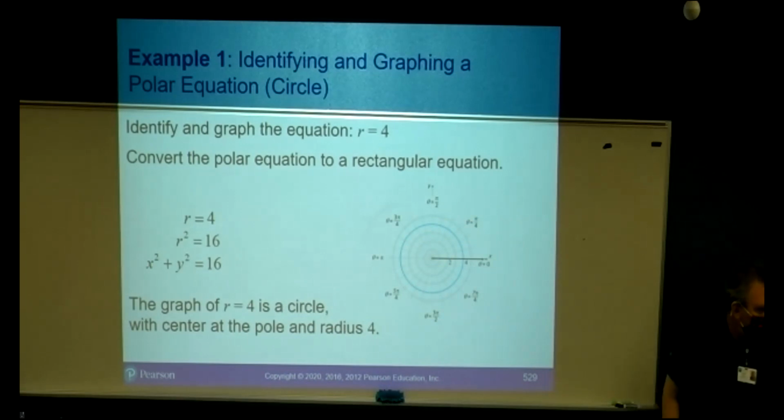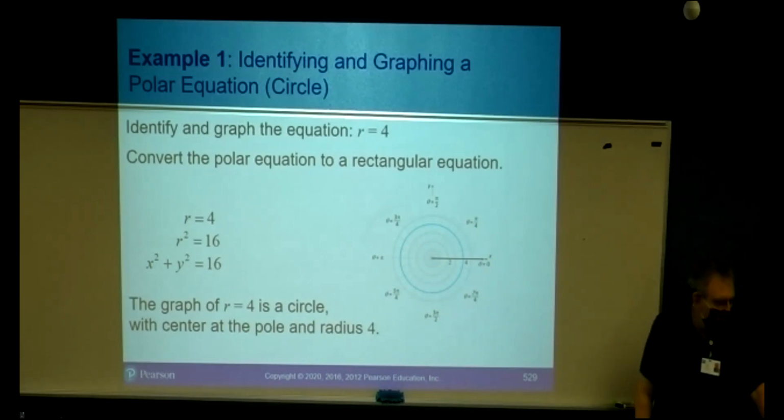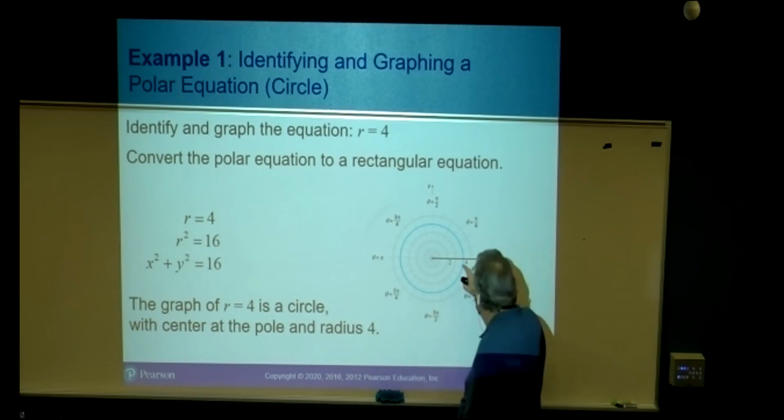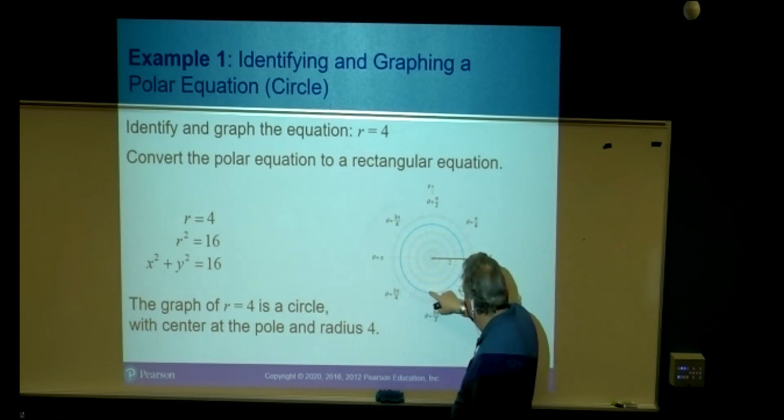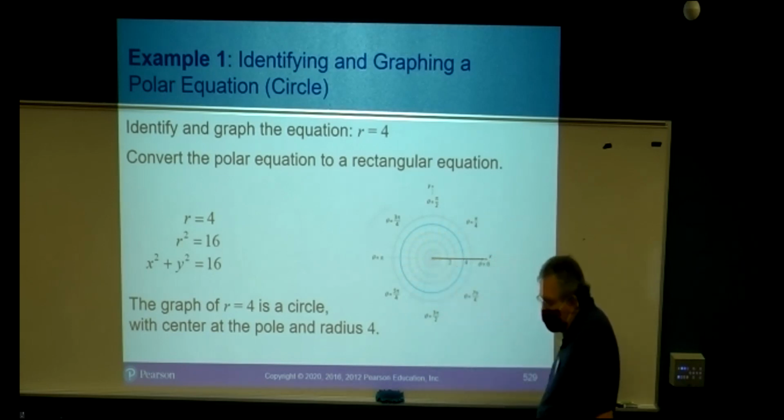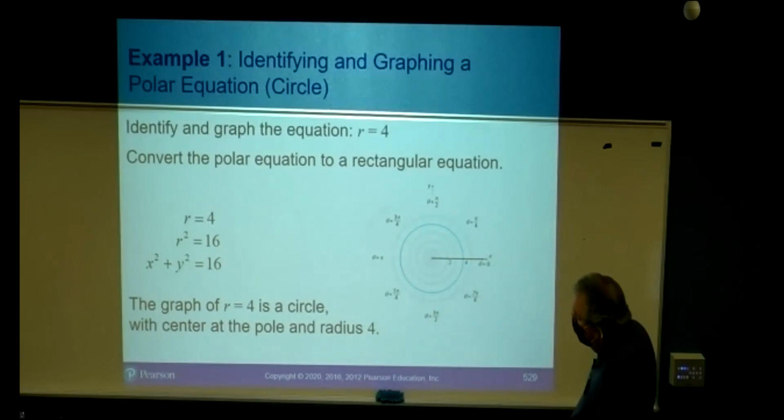But anyway, that has to do with the angle. Every point on this curve is 4 units away from the pole. So it's just a circle of radius 4, centered at 0, 0.